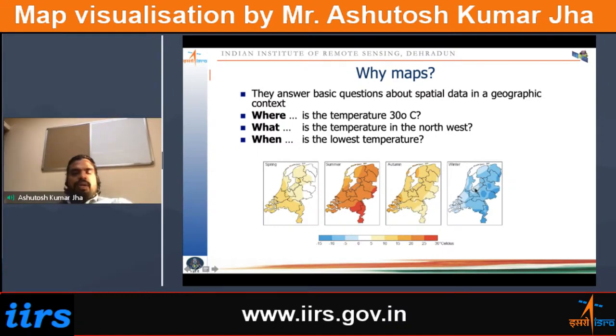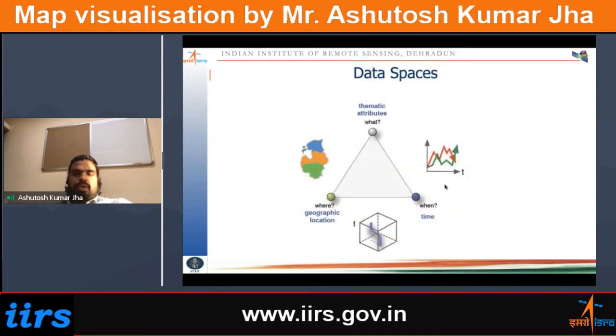So in different seasons, we see different distributions. In winter, the highest and the lowest temperatures are quite low compared to the least temperature in summer. So this is also an important aspect which a map is supposed to provide.